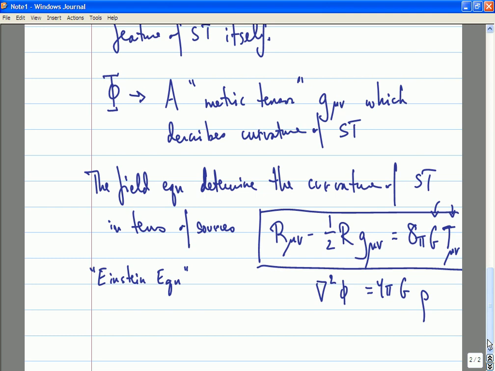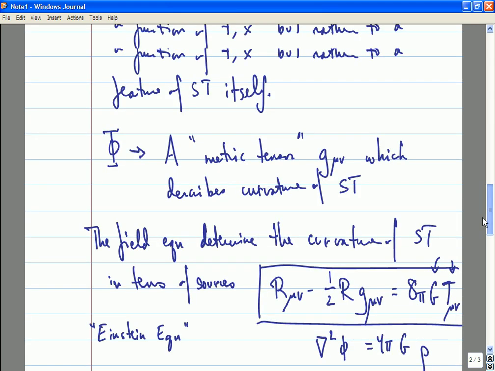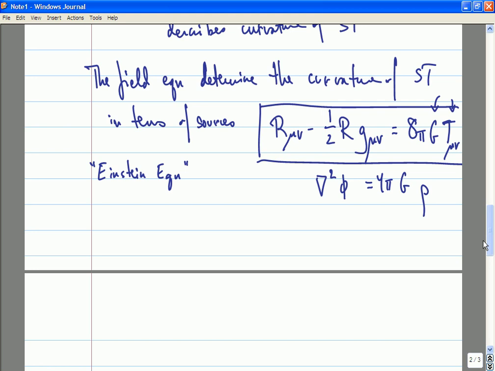Now, a field theory has two components. In addition to a field equation, there is also a force law. And if anything, the force law is even deeper and more profound than Einstein's equation.